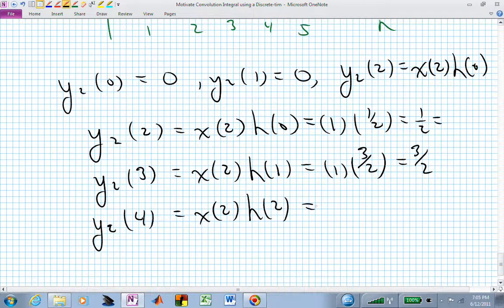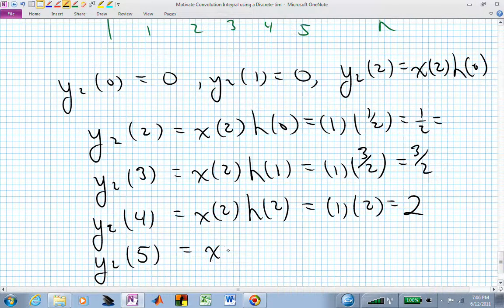It's now x of 2 h of 2, which is 2, and finally the last non-zero piece of this component of our input is y sub 2 of 5, which is x of 2 h of 3, which is 1 times 1, or 1.